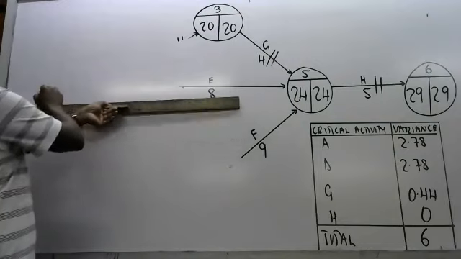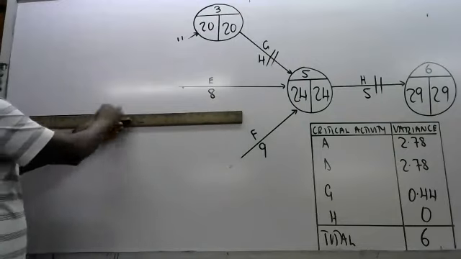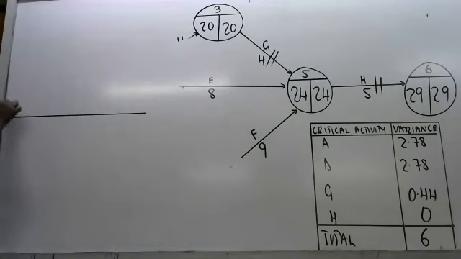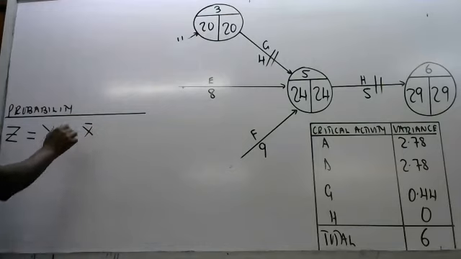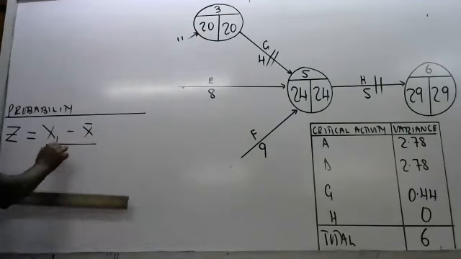So the probability, because of the interest of time, I will say Z is equal to x1 minus x bar. You divide by standard deviation.